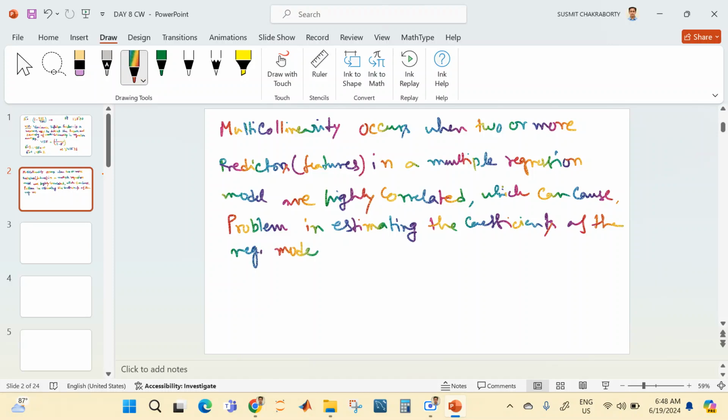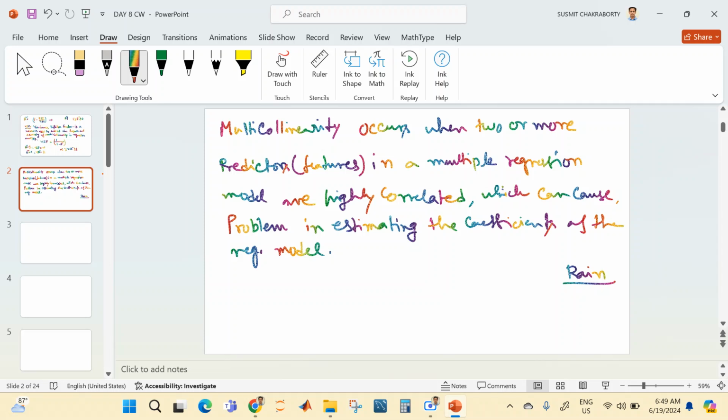Remember, so multicollinearity happens. Just think about it. Multicollinearity means what? Suppose you have a data set, and you are predicting rain. So rain prediction means, suppose, how much rain will happen today.